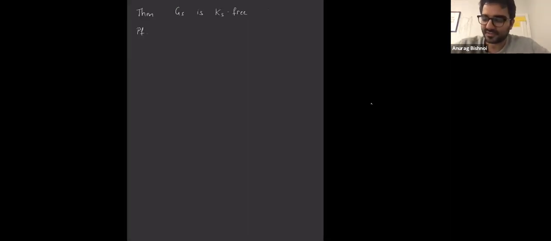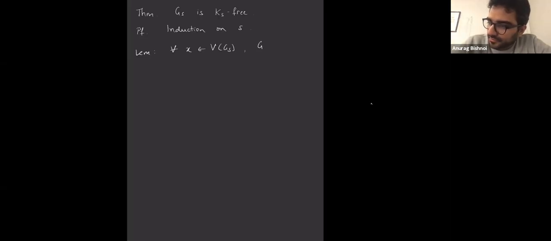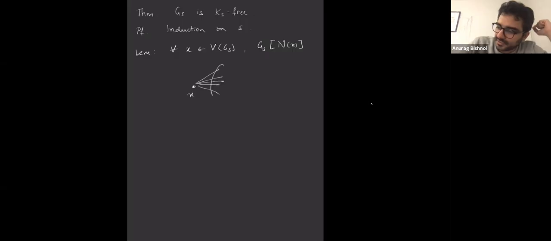If you believe me that these two things are true, then let's prove this. How do we prove that G_S is K_S free? I'm going to use induction on S, and for that, I'll need this lemma: for all vertices x, look at all the neighbors of x and the graph induced on these neighbors.